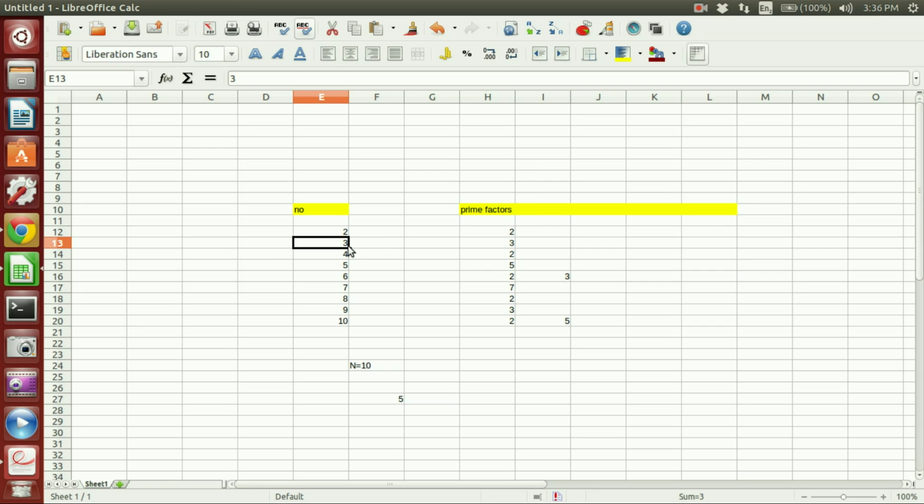That means that number is a prime number, so we would copy that index as the value itself.